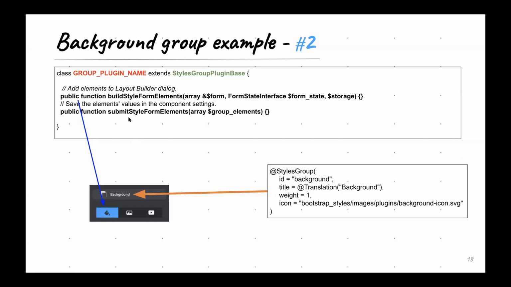And the second group, as I mentioned, refers to the layout panel, which appears on the right when you configure a section or add a new section. Also, as I mentioned, the title comes from the annotation, the background icon the same, and the order of these groups comes from the same.